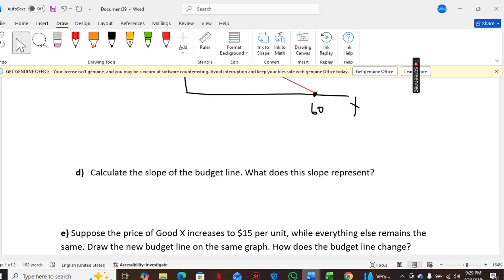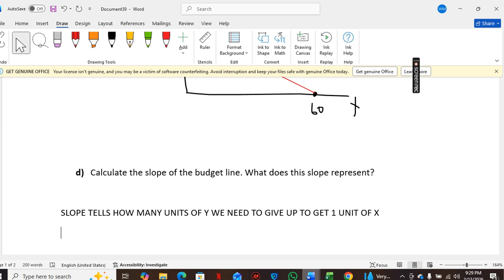Even this slope is also a trade-off rate, because it tells us how many units of Y we need to give up to get 1 unit of X.